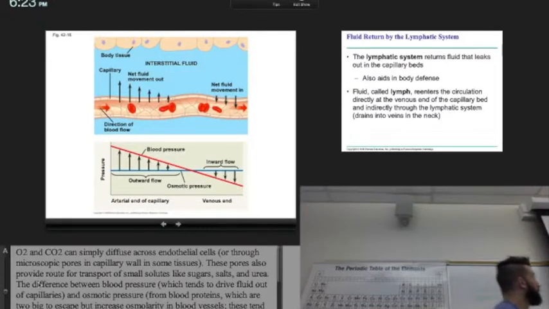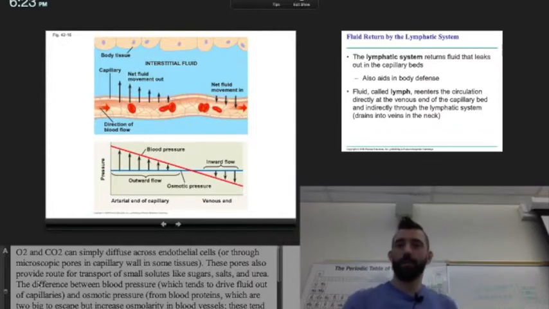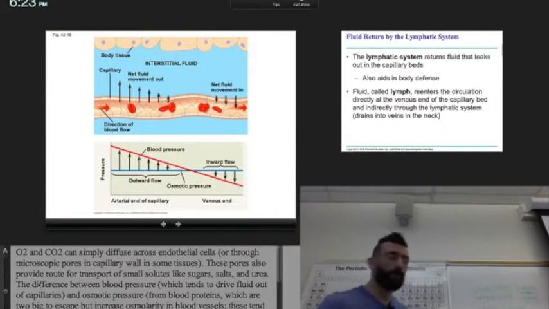In the pulmonary circuit, the concentration of O2 is probably really high out here, and really low in here, so O2 is going to flow in. CO2 is probably higher here than it is here, so CO2 is going to flow out. Does that help? Okay. I had no helpful notes for that.